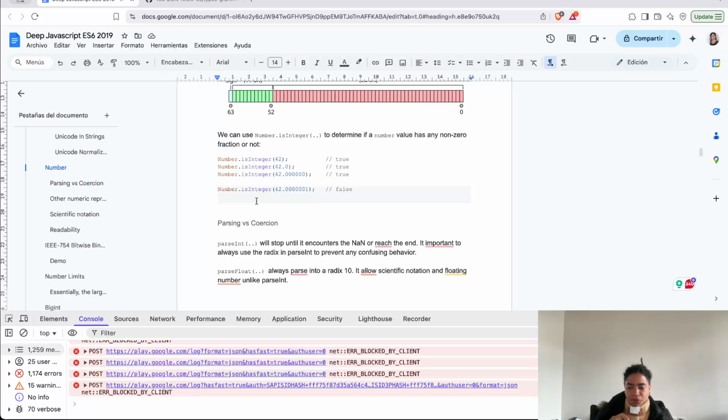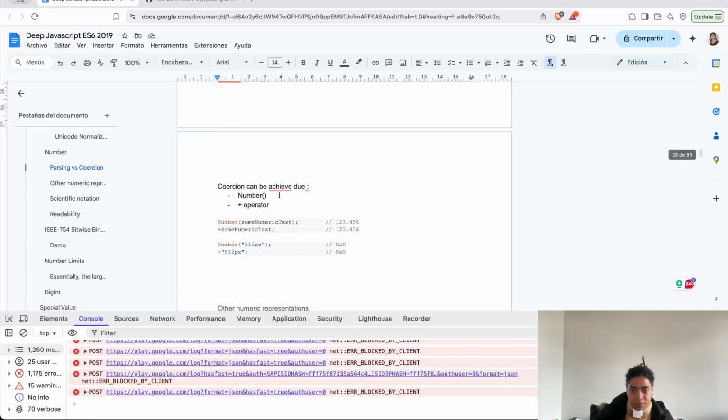If parseInt encounters the first dot, it will stop evaluating. It will not include scientific notation either. This is when parseFloat comes in handy, all right.